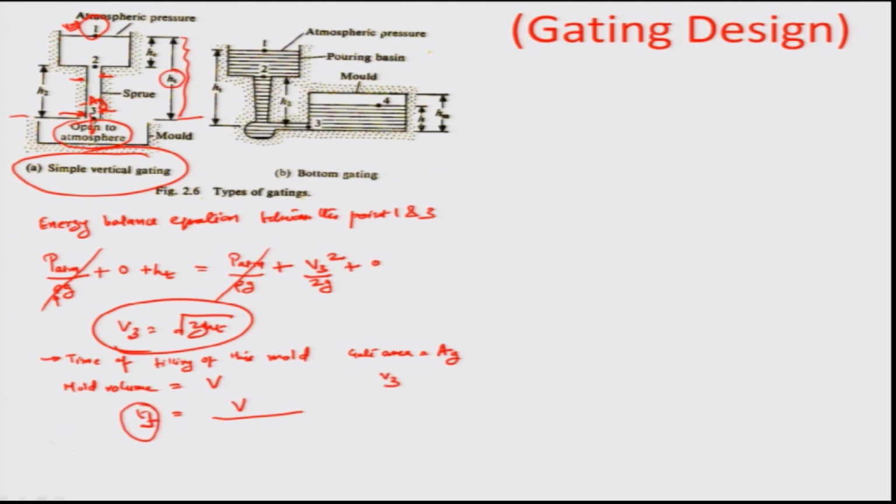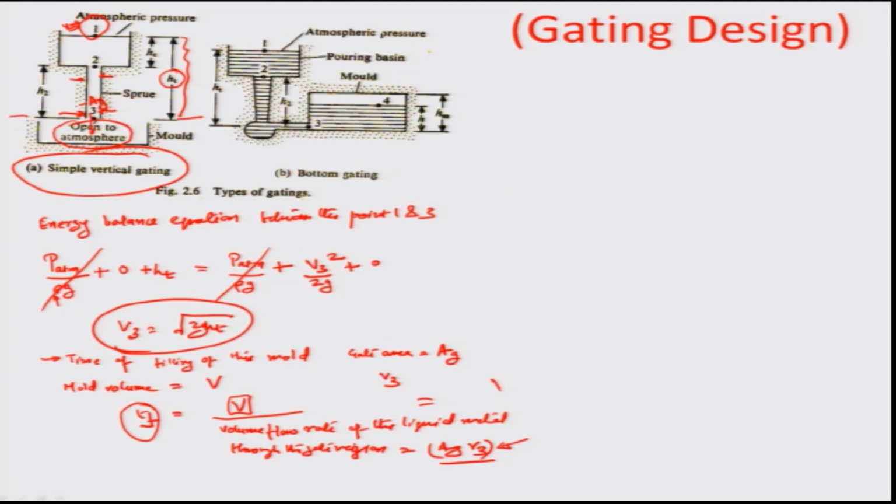The amount of time needed to fill is the total volume of the mold V divided by the volume flow rate of the liquid metal through the gate region, and here the volume flow rate through the gate region is a g times V 3. So, the area of cross section times velocity, which is distance per unit time. So, that is an idea of how you calculate the Tf.